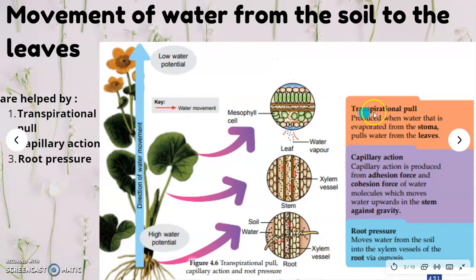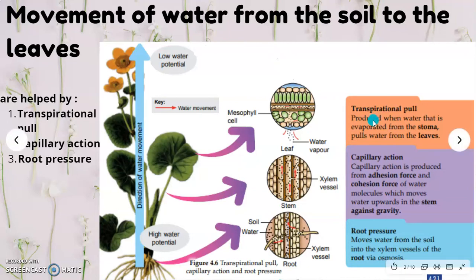Then, transpirational pull. Transpirational pull is produced when water is evaporated from the stoma, which pulls water from the leaf. Transpirational pull occurs when transpiration occurs. What is transpiration? It is the loss of water in the form of water vapor.